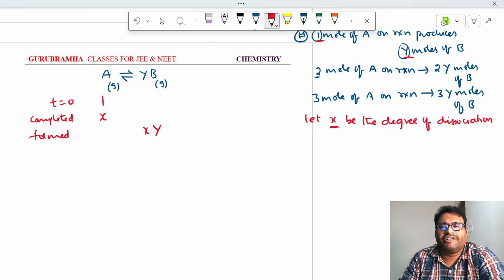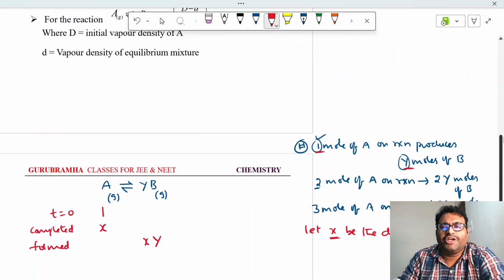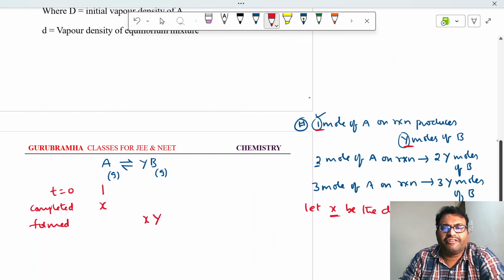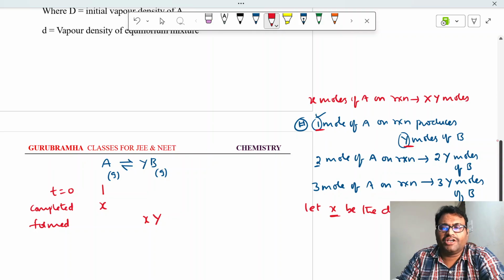If X moles of A dissociate, on reaction they give X into Y moles of B. Before, 2 moles gave 2 into Y, 3 moles gave 3 into Y, so X moles give X into Y. Simple thing.